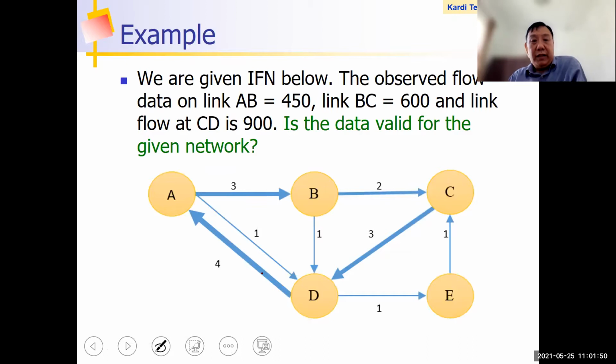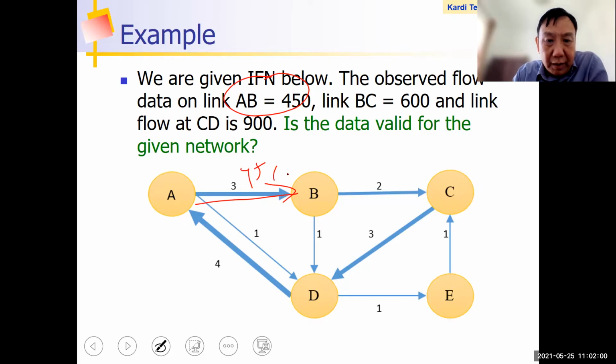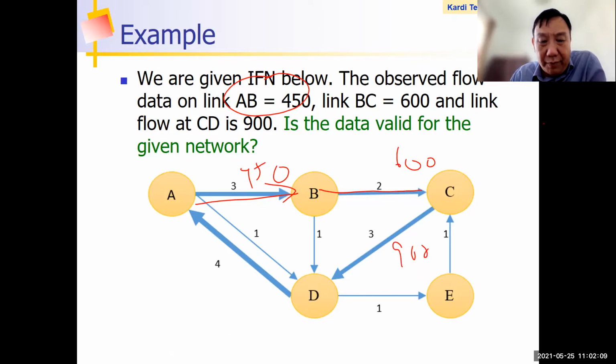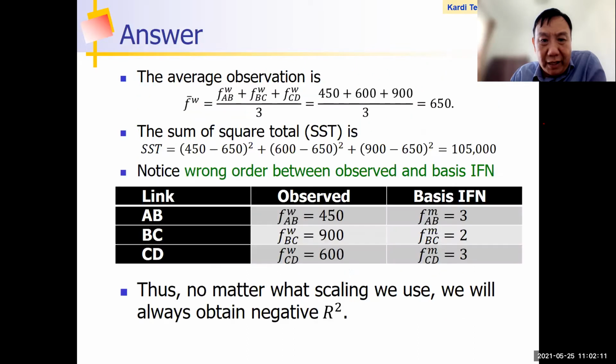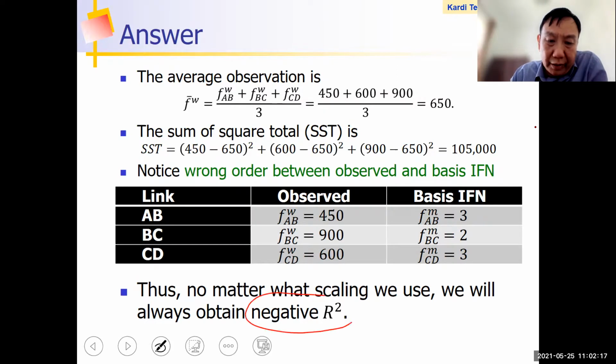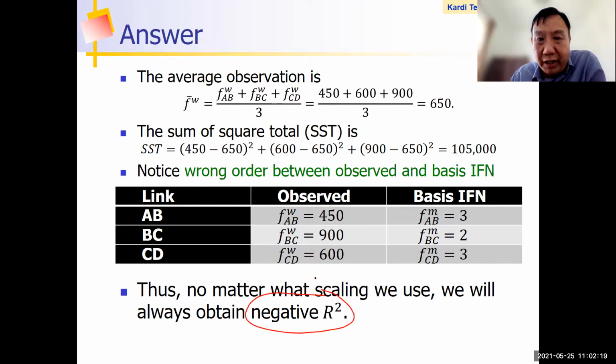So in this example, you have three observations. Okay, AB is 450, BC is 600, and this one is 900. So if you get the global scaling as before, you will get a negative R square.